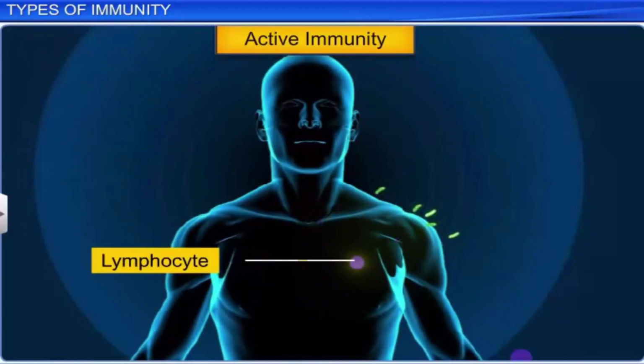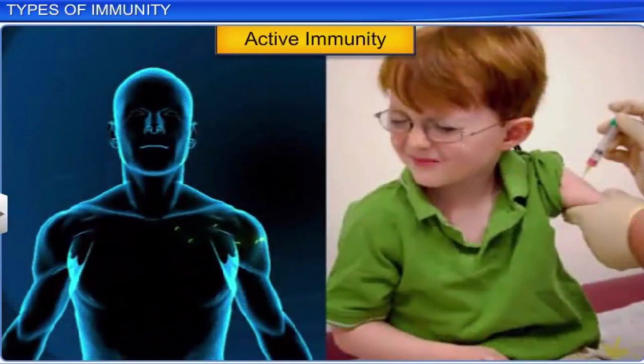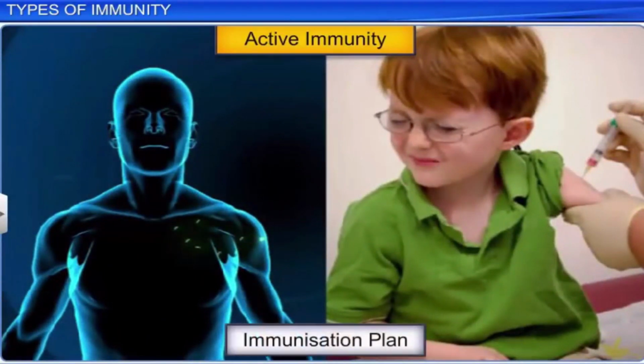When microbes gain access to the body during a natural infection, active immunity is induced. Consequently, the underlying principle of any immunization plan is active immunity, where it is induced by deliberately injecting microbes into the body.